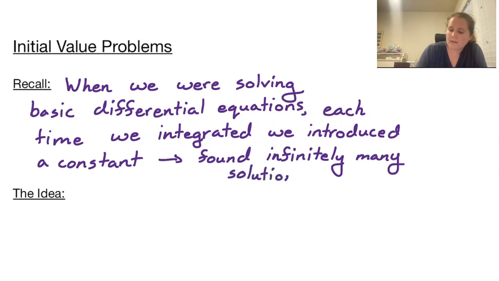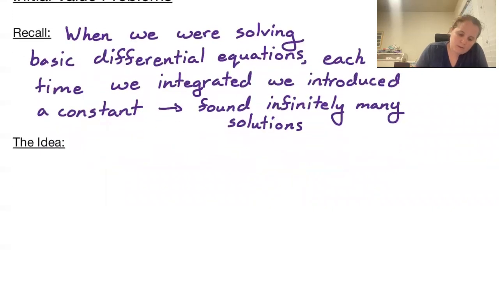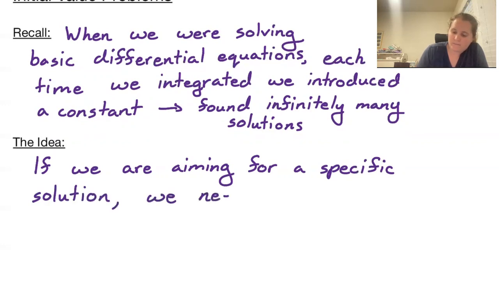So the idea here is that if we want to find sort of a specific solution, we have to give ourselves some initial information. So if we are aiming for a specific solution, we need more information.